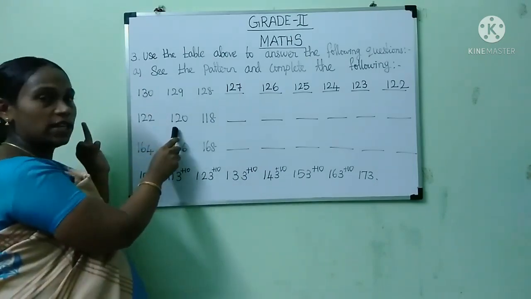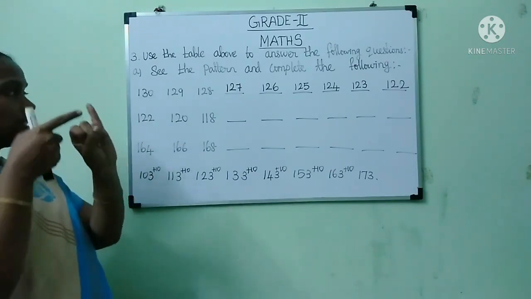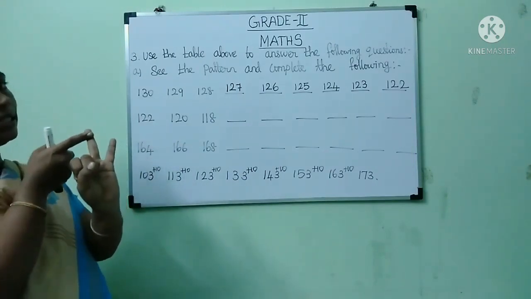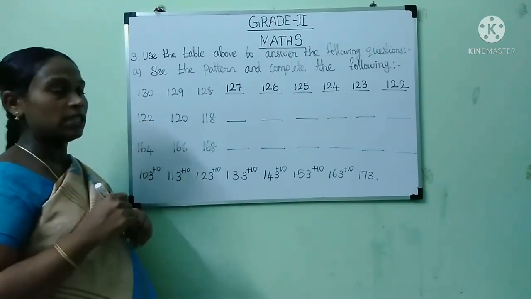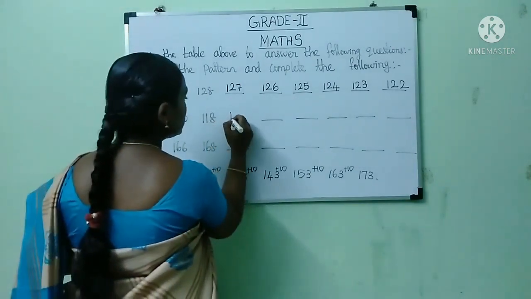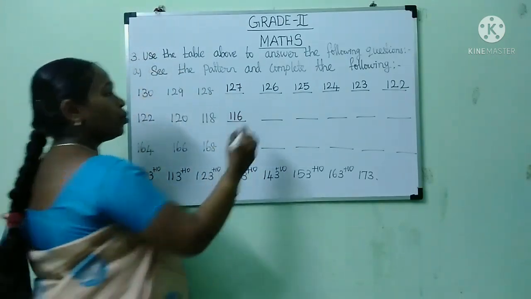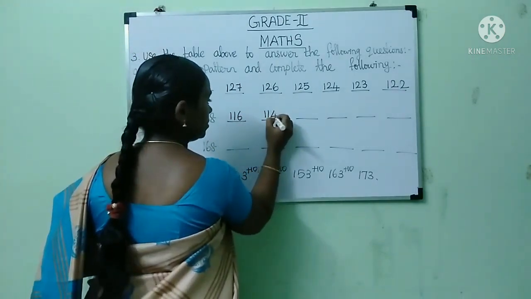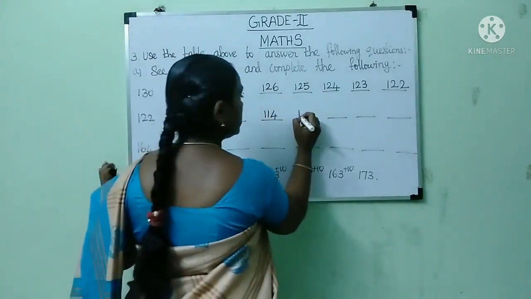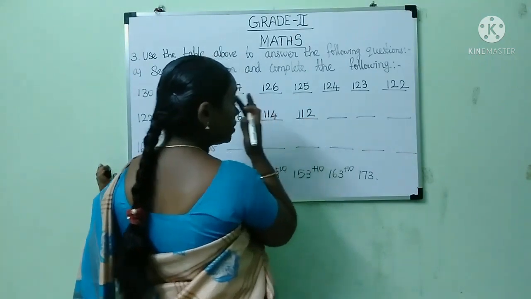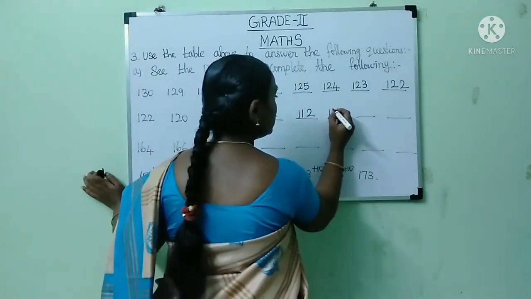So here comes 120. 120 before 2 is 119, 118. 118 before 2 means 116. 116 before 2, 114. 114 before 2, 112.